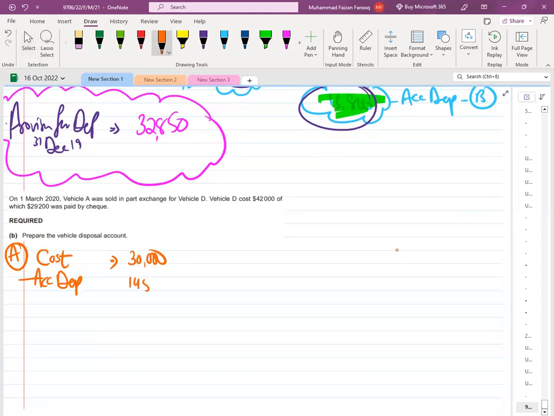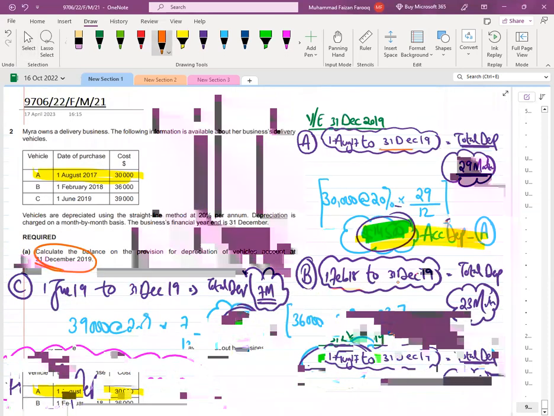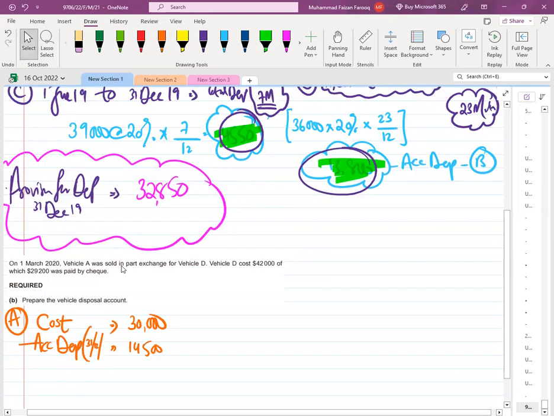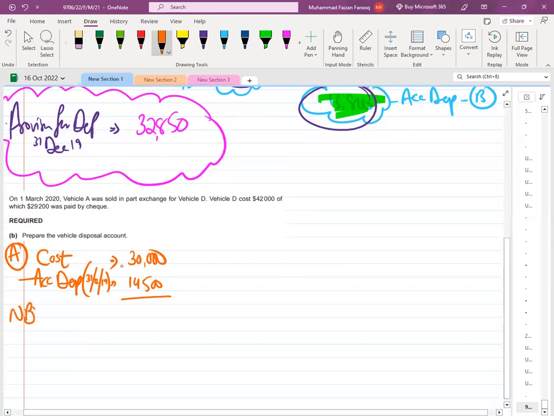This 14,500 is accumulated depreciation till 31st December 19, right?